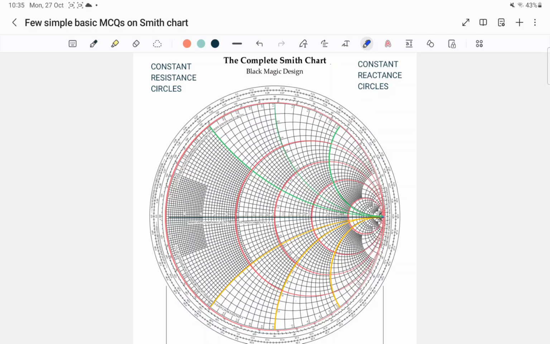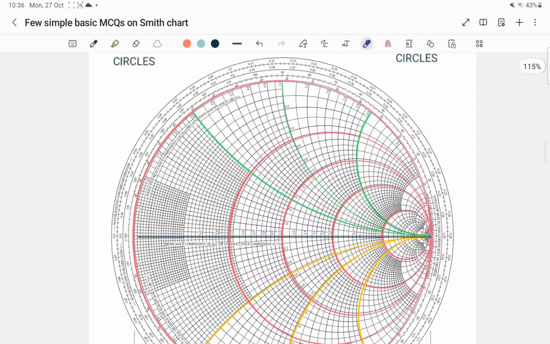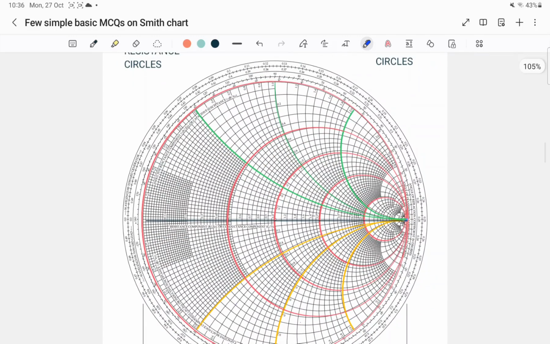constant reactance circles. Now one thing that should come to your mind is that the green and yellow color circles are not fully drawn. That is because the Smith chart can only accommodate some part of the reactance circles. If you draw the remaining part of the reactance circle for this particular graph, you will find that the remaining part of the circle is outside the Smith chart.